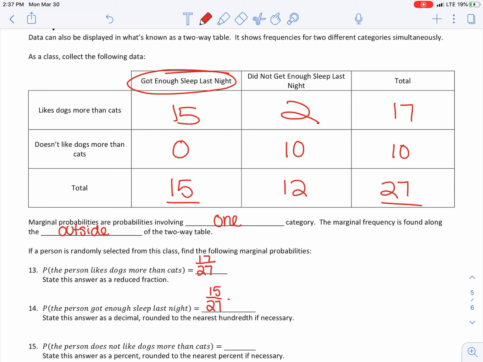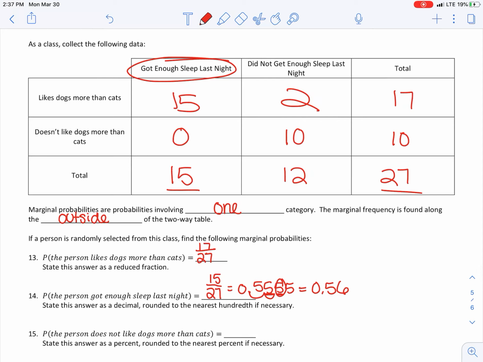So we're going to take 15 divided by 27, and we get a big long decimal of 0.5555, and it keeps going. Hundredth is the second place, so we're not moving our decimal, we're looking at this number and this number. Since this 5 is 5 or greater, we're going to round that up to 0.56.